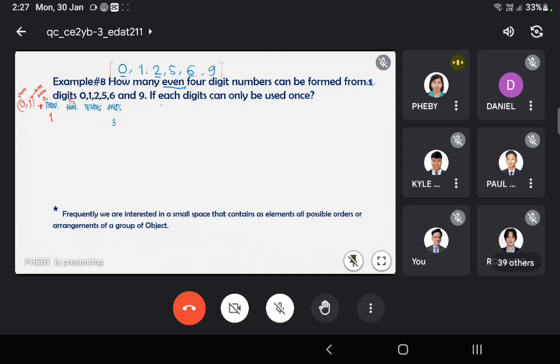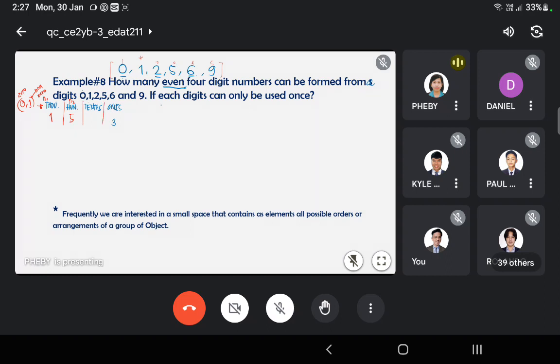Diba? Kunwari, 1 yung lumabas dito sa thousands. So, ibig sabihin, nabawasan na ng isa yung choices natin. Therefore, 1, 2, 3, 4, 5. So, 5 numbers na lang yung pwede nating piliin or pwedeng ilagay sa column ng hundreds.